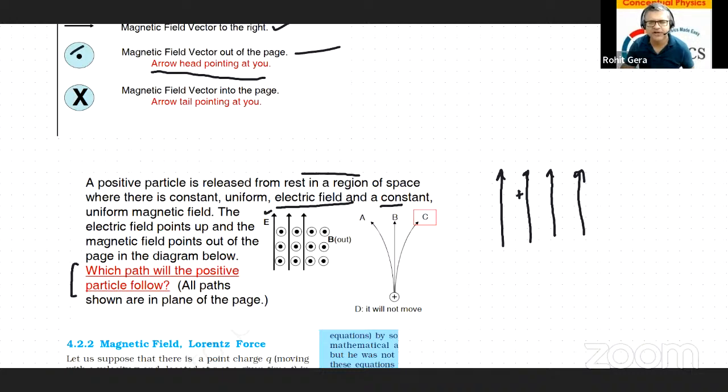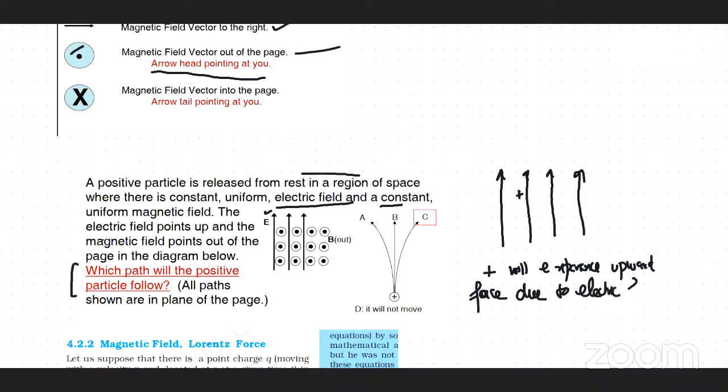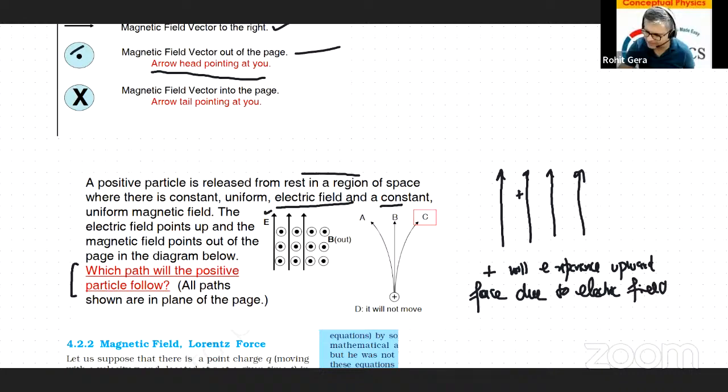So the positive charge will experience an upward force due to the electric field. So it will start going like this. And therefore it will acquire a velocity.